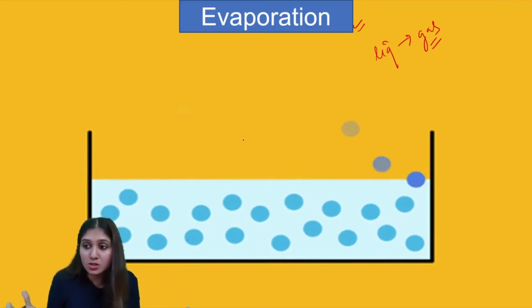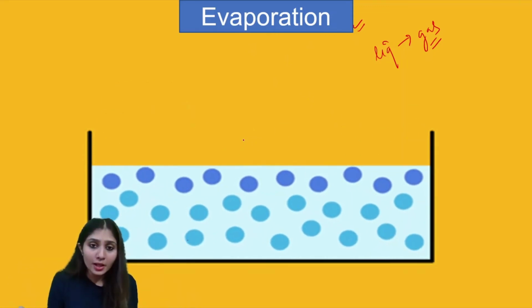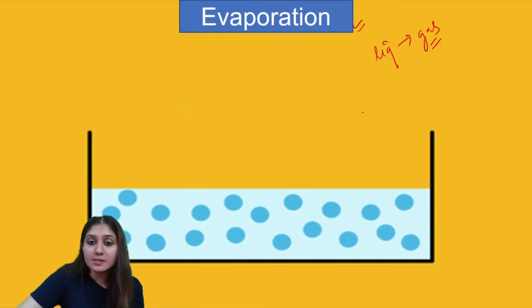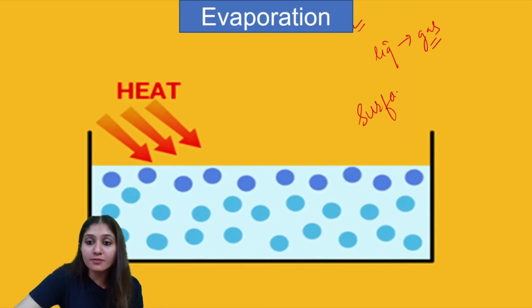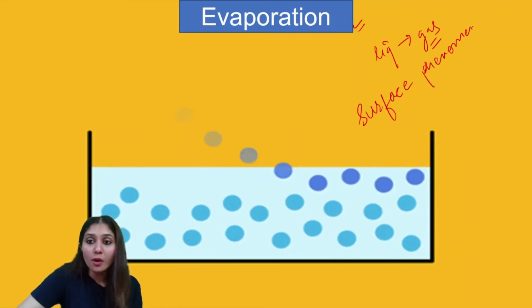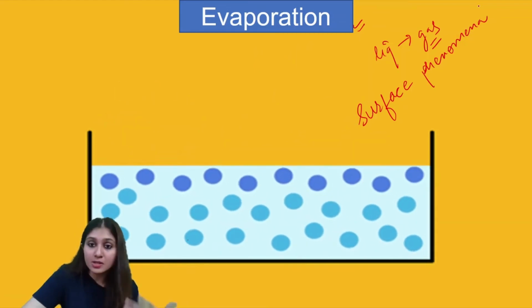That is why it is a process which we are not initiating. It is happening on its own, and that is why it is a surface phenomenon. This is very, very important, and you have to memorize the concept of it being a surface phenomenon.